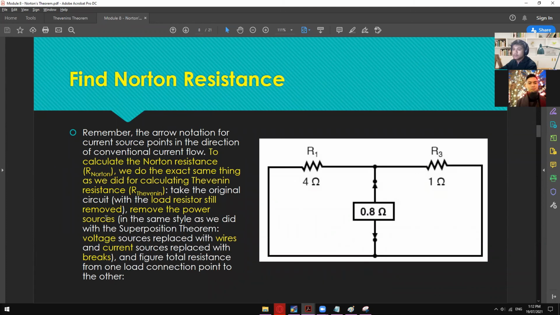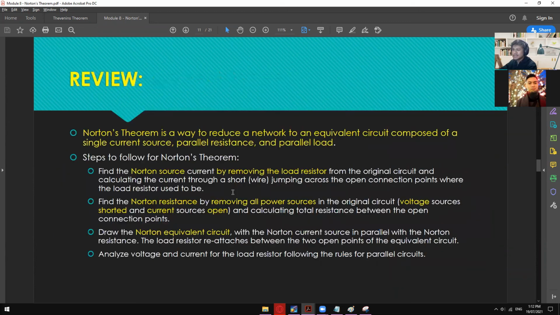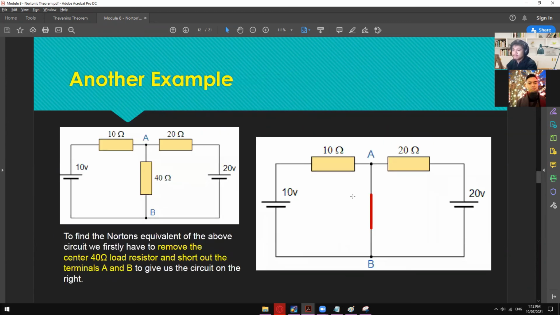So remove the power sources. The arrow notation when current source direction potential to calculate the Norton resistance. We do the exact same thing. Yeah. Okay, so same naman. So yeah, I think it just wasn't shown in here, but you have to remove this one for you to be able to solve for the Norton's resistance.